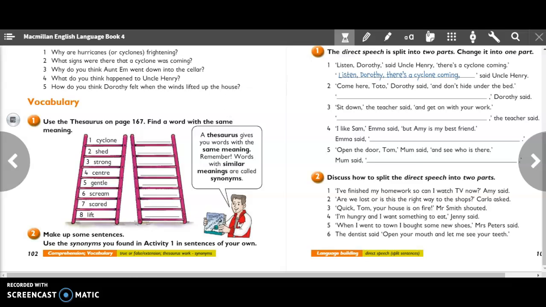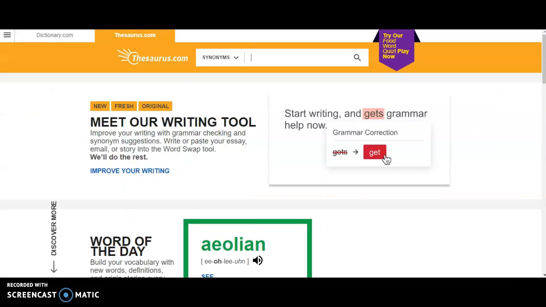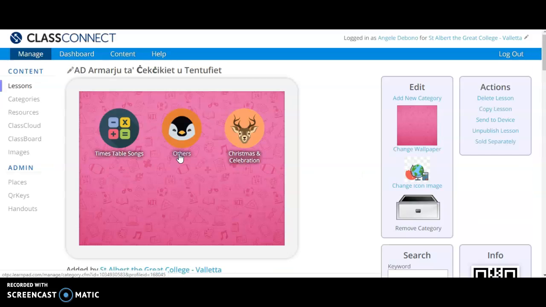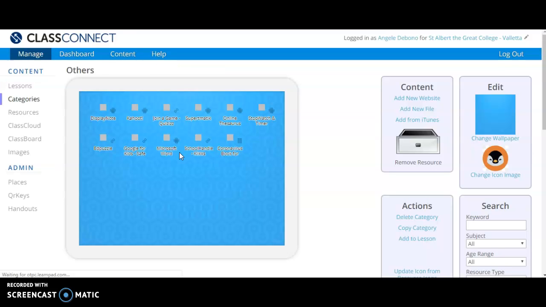First of all, you can write thesaurus on Google and write the words there. Or else, on your tablet, you can go on others, and you can also find the online one here. You click on it and you can use it on your tablet.